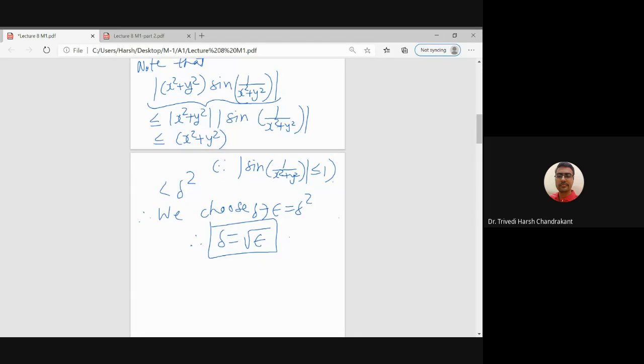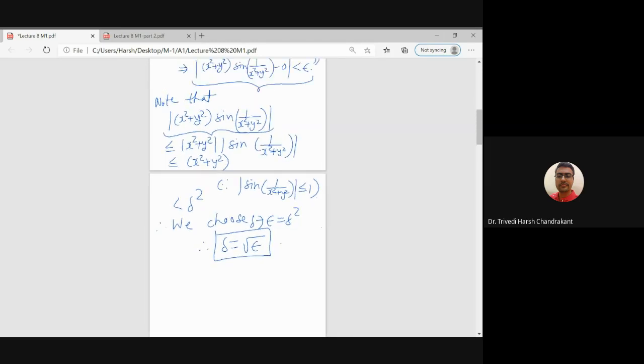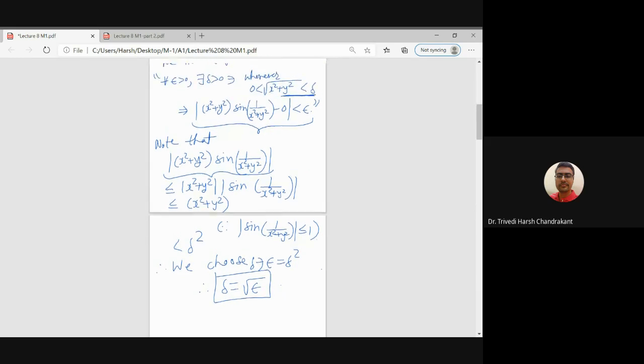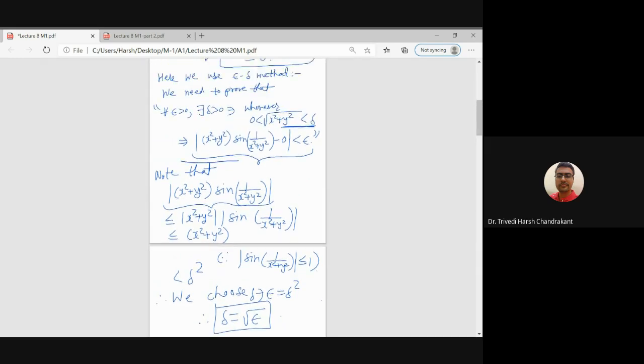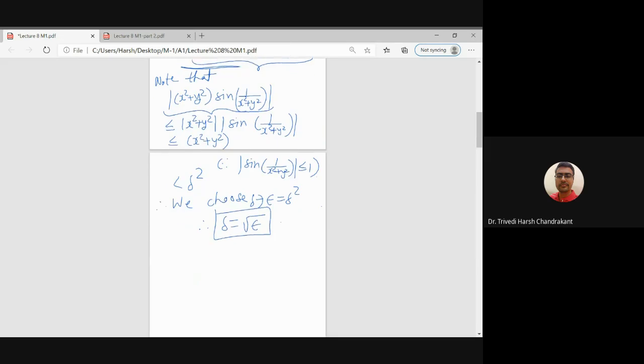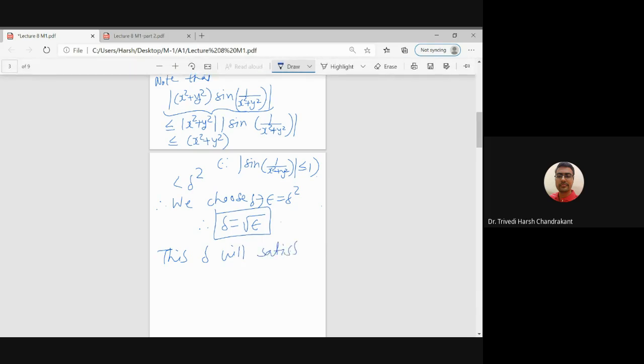So if we take delta to be the square root of epsilon, then this condition will be satisfied using this computation. So this delta will satisfy the statement star.